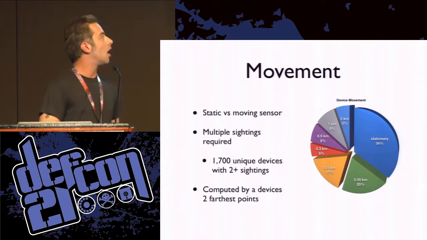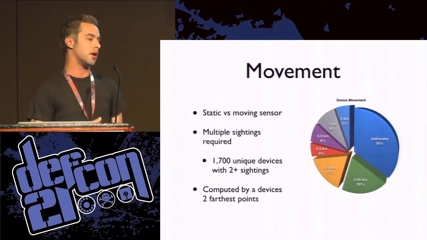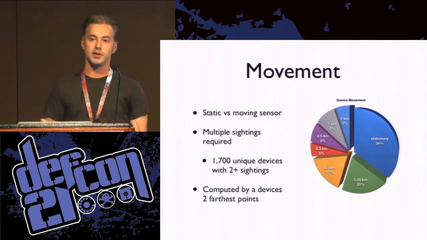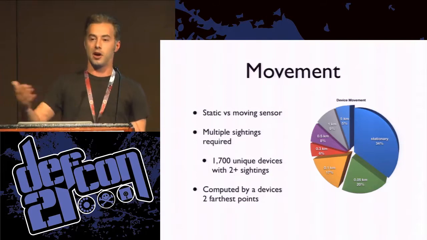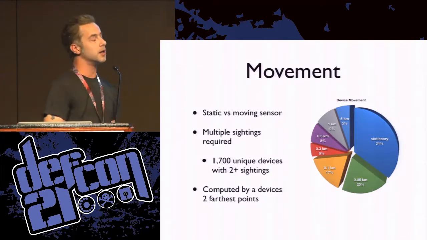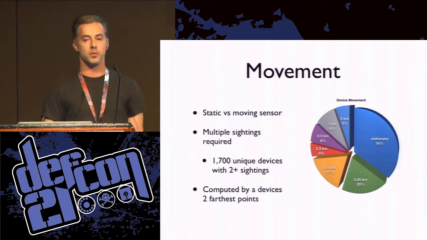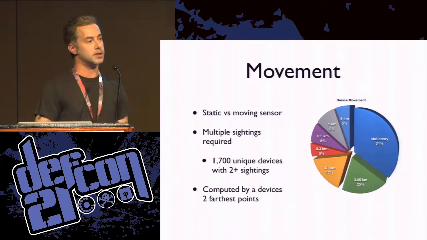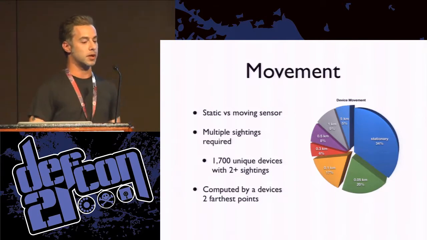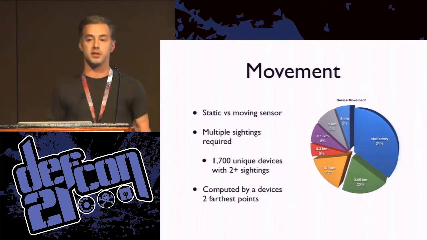So it's moving. With my survey, it was different. I was the moving device, so it's really hard for me to determine if I'm seeing a moving device on the other side. In order to do this, I would have to see a device more than once, so I need 2 or more sightings, and I would take the 2 farthest geolocation points for that device in order to correlate and bucket it into how much this device actually moves.